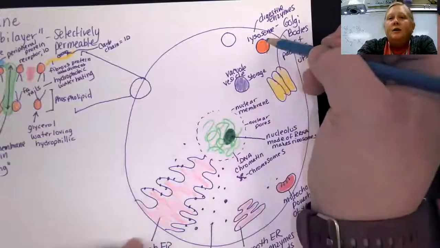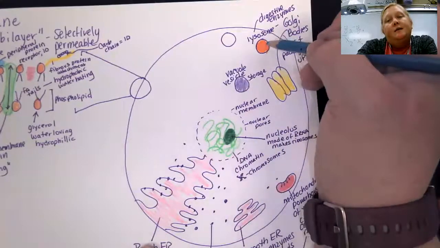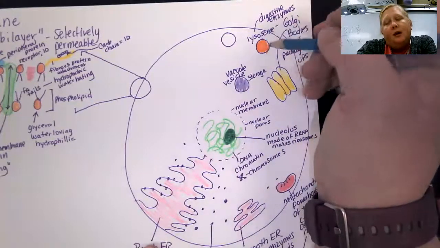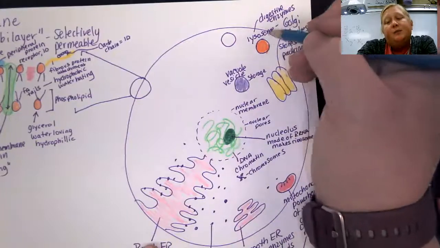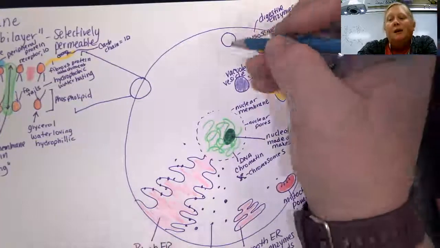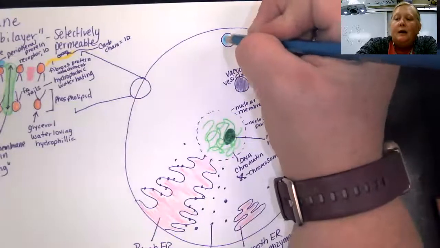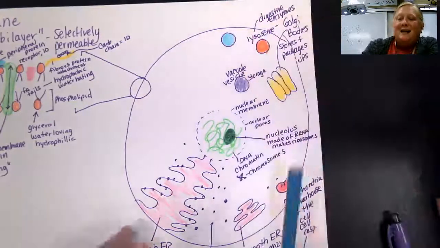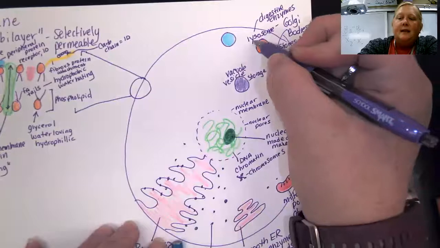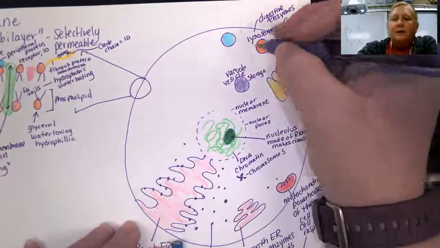So this could do something we call cell suicide. If a cell is breaking down or has to break down something or break itself down, the lysosome can actually self-digest.